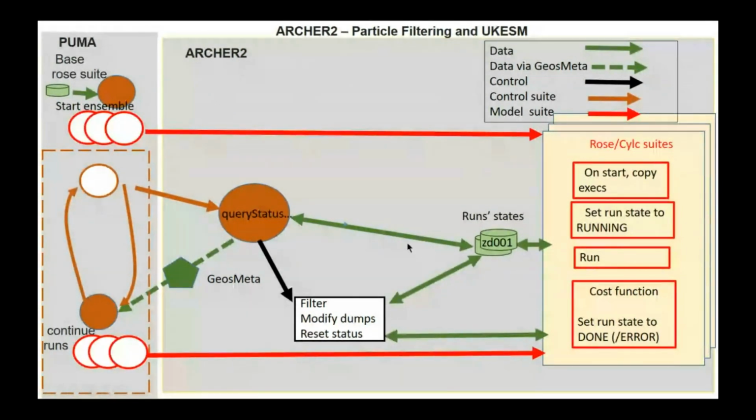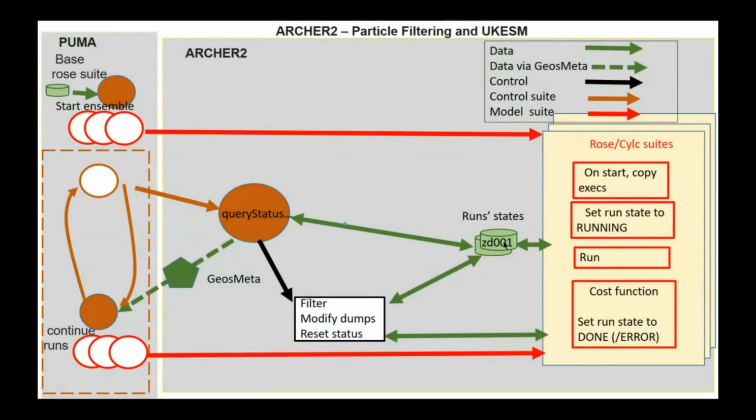So if we begin top left, we still have a coordinating suite that runs on Puma. There's a base suite, which is in an initial job cloned in order that an ensemble of jobs runs for the first time interval. There's an interface directory that holds the state of the runs.